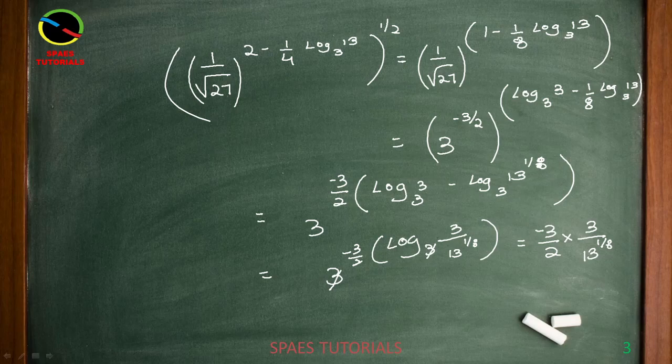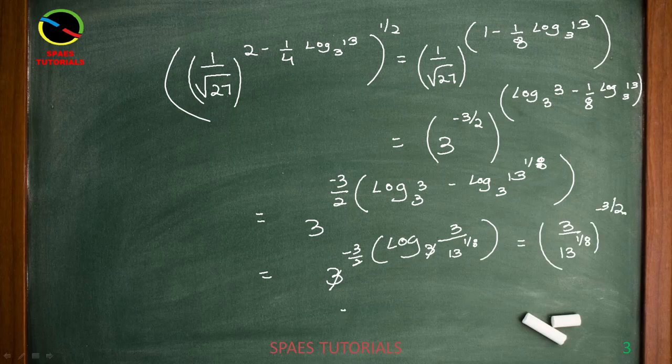Any doubt till here? No. Now I'm sorry, there is a small mistake over here. This minus 3 by 2 should go as a power for that. So it is 3 by 13 power 1 by 8, whole power minus 3 by 2.